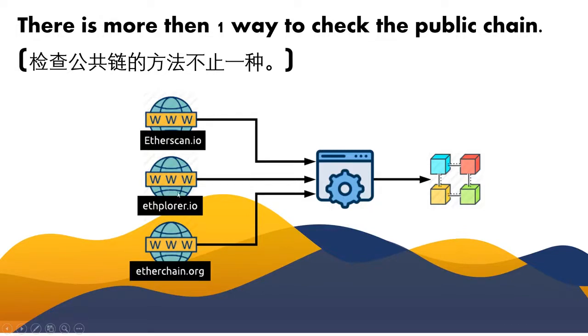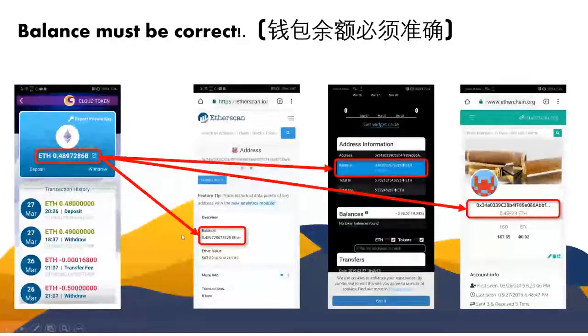Okay, so let's use Etherscan as an example. Etherscan will actually read from the public blockchain and display the actual data. Same with ETH Explorer and Etherchain. So this is one example.